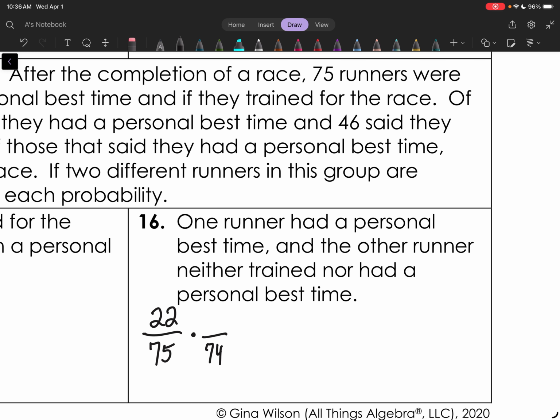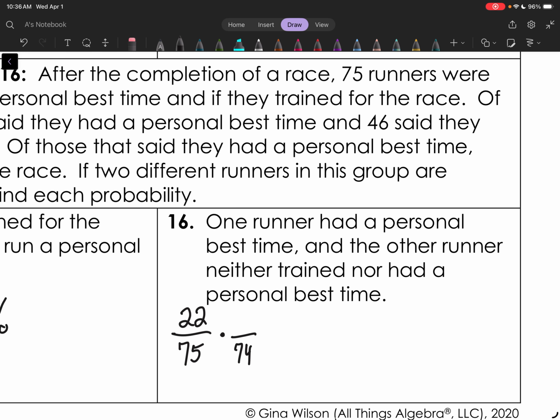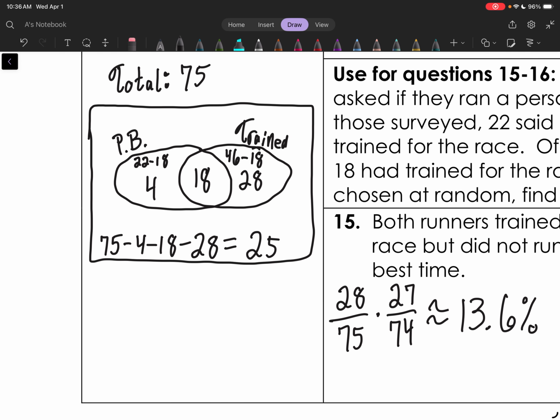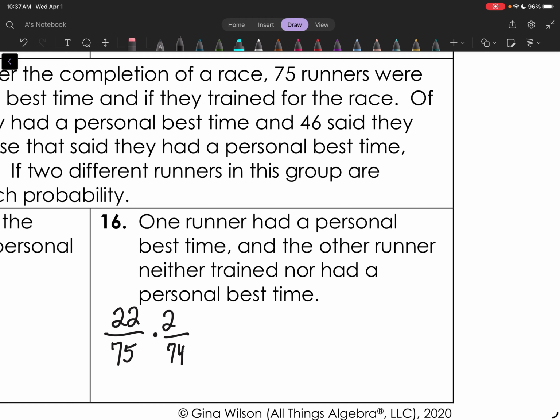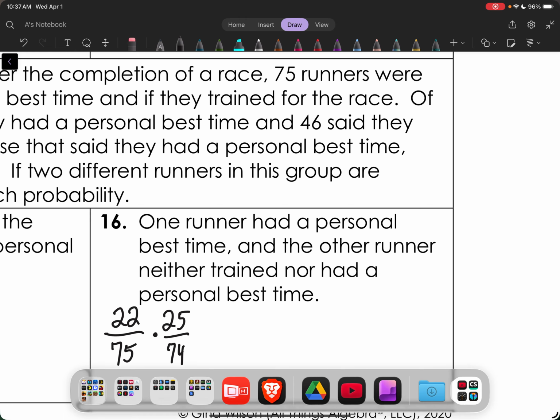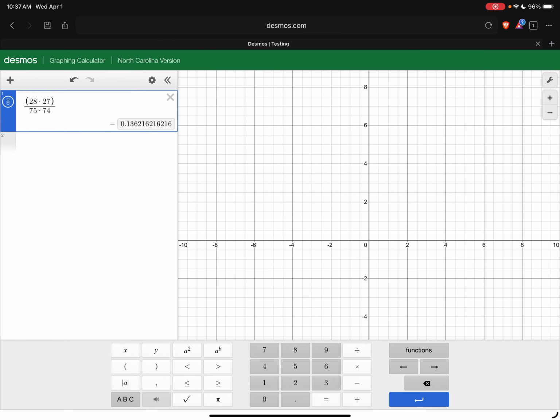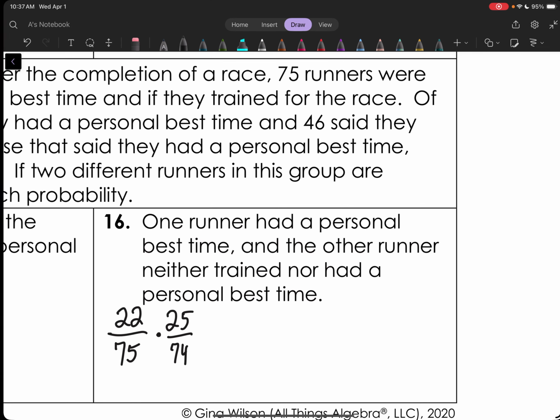The other runner neither trained nor had a personal best. This is my remainder number here that I found. So 25 over 74. 9.9%, approximately.